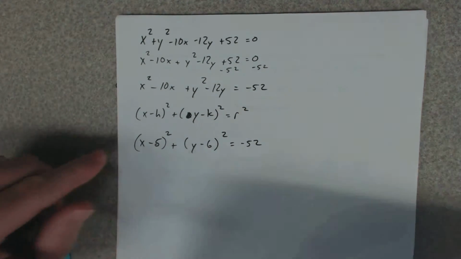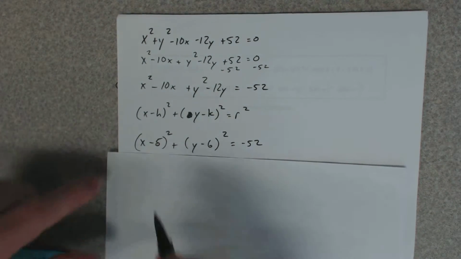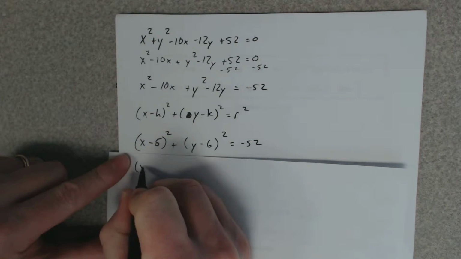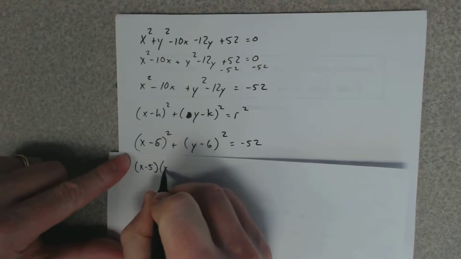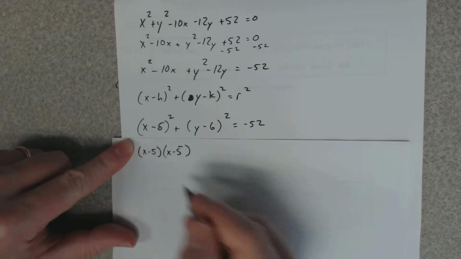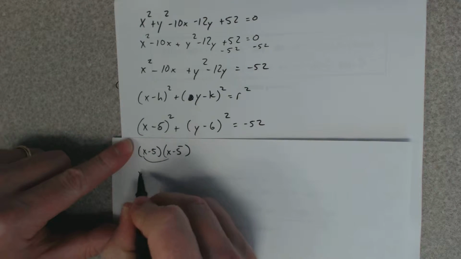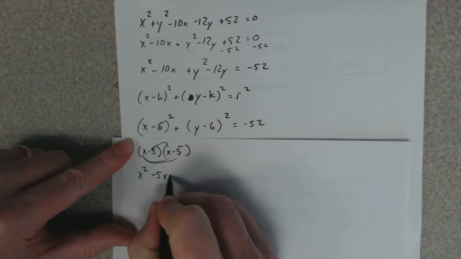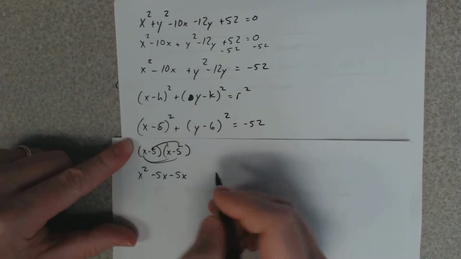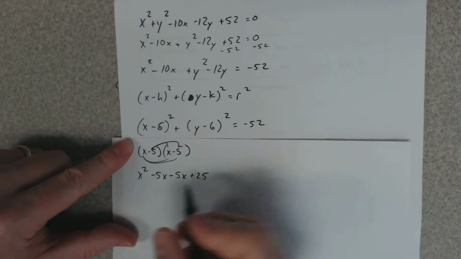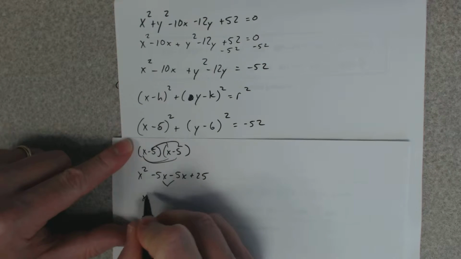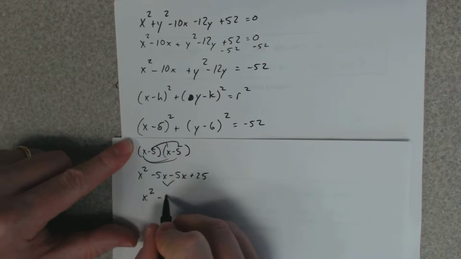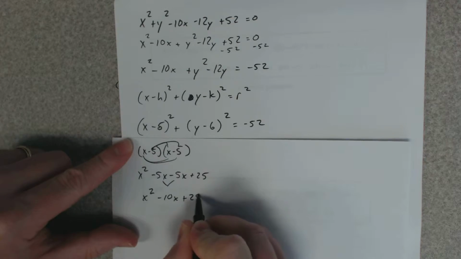So if I was to multiply this out, I get x squared, negative 5x, negative 5x, positive 25. And then those two guys would go together. I'd have x squared minus 10x plus 25.